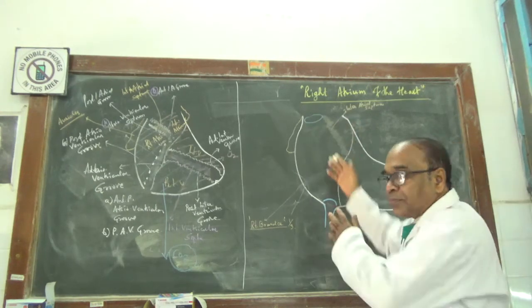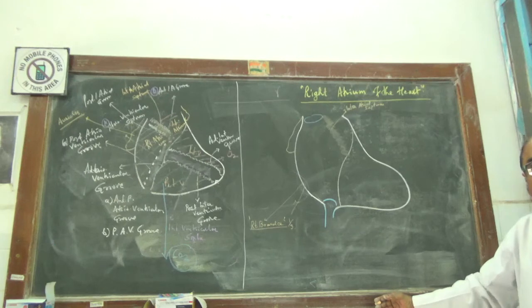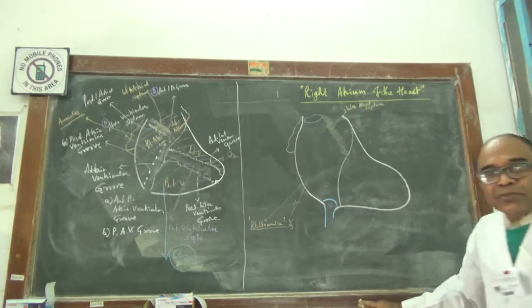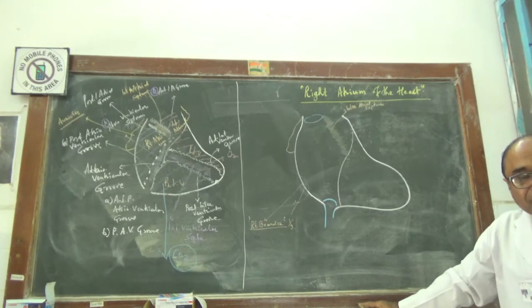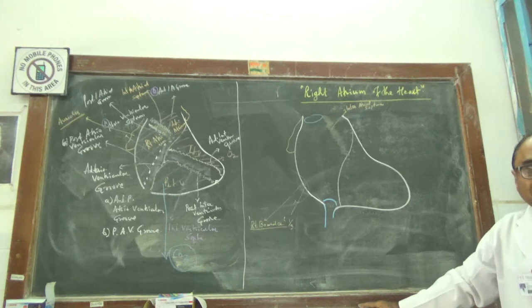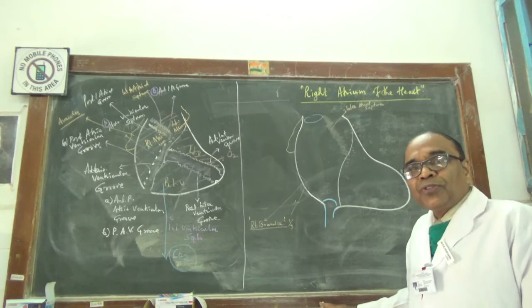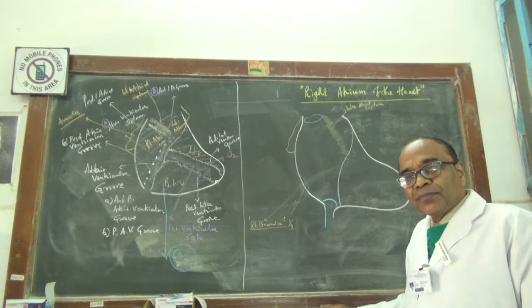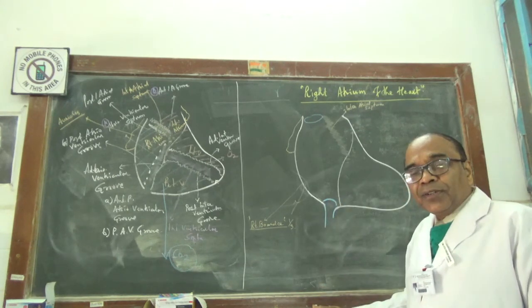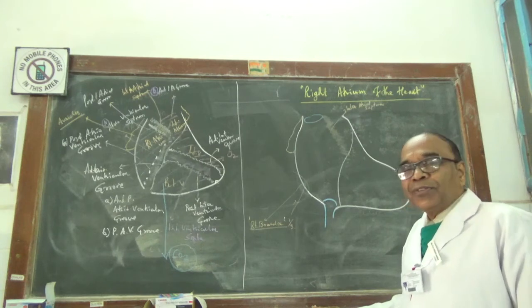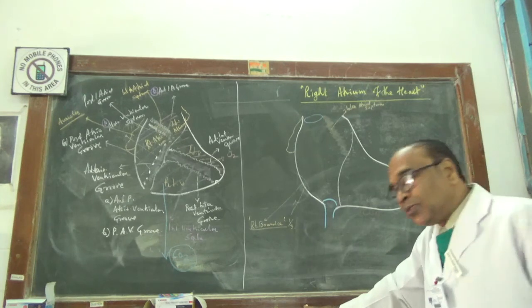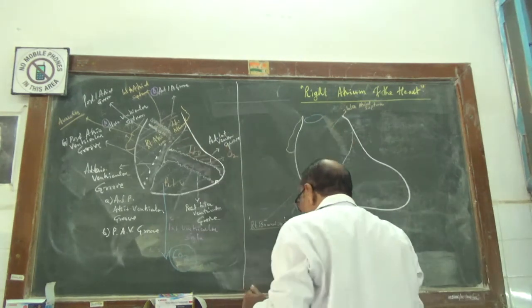Now this right atrium is also covered by the pericardium from outside, the fibrous pericardium, and the parietal and visceral portions of the serous pericardium from all angles. Now this right atrium has limits, or boundaries, or relations. Those relations are what you should know about.